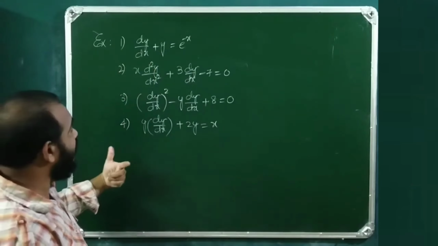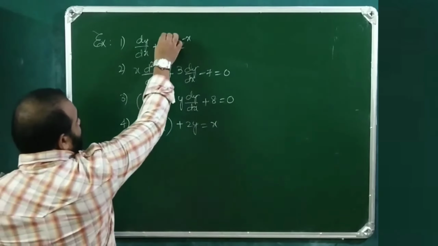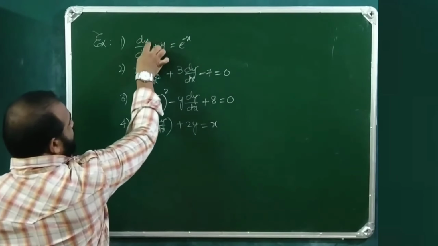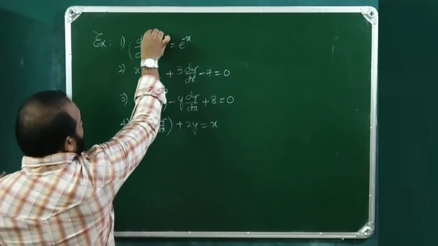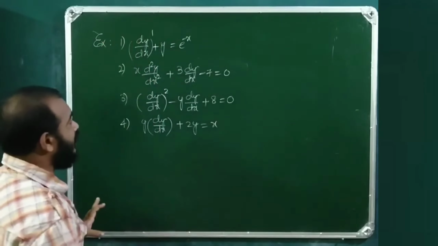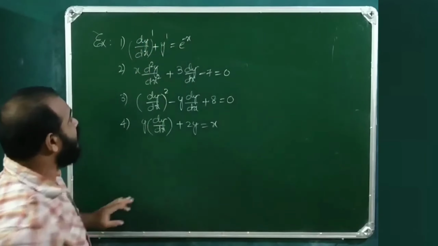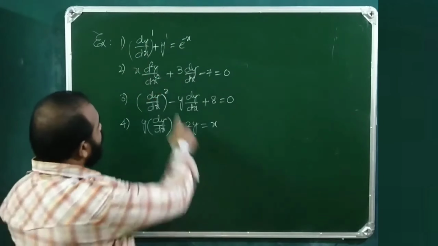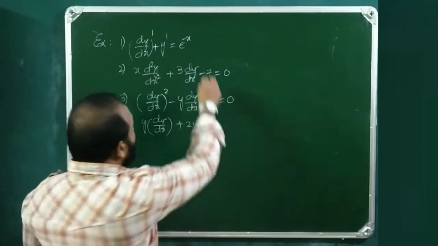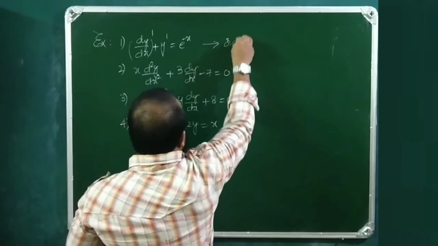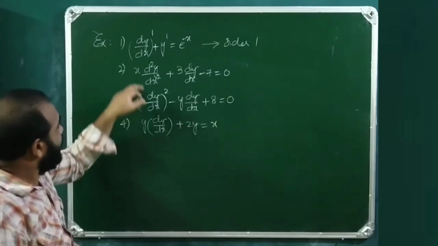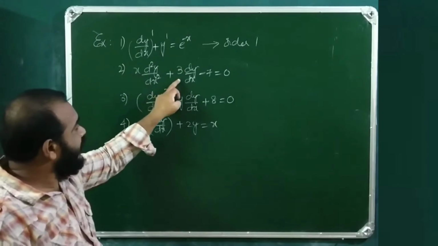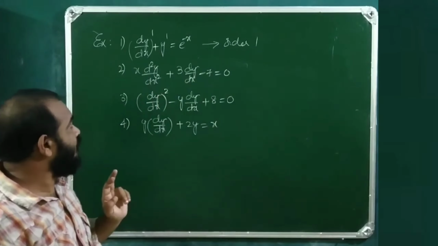What is the first degree? This is the first order derivative and its power is 1, and y's power is also 1. Therefore, this is a linear differential equation of order 1. And here, x d²y/dx² + 3 dy/dx - 7 = 0.